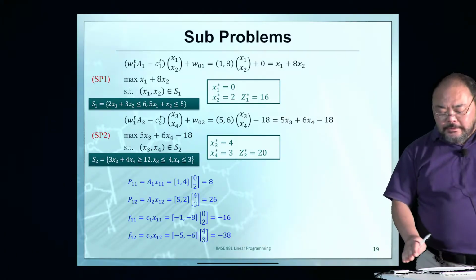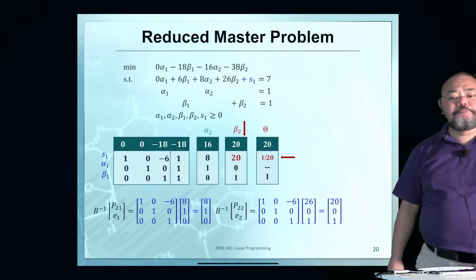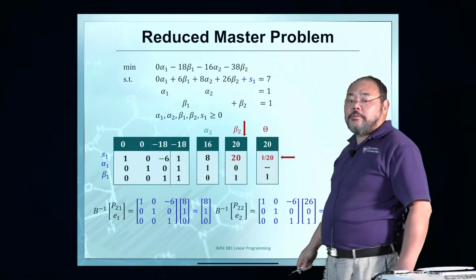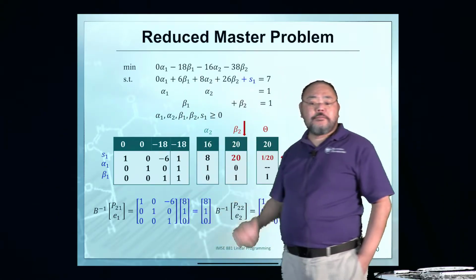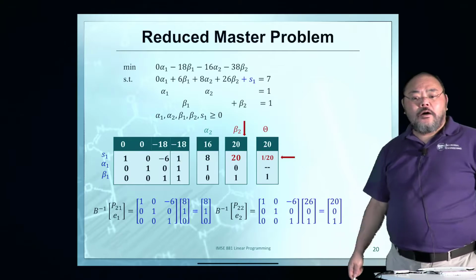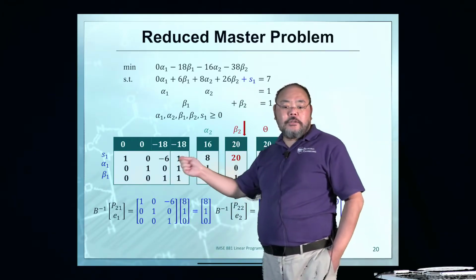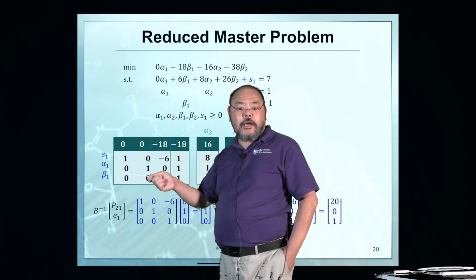Once we recalculate these, we can reform our master problem. Our master problem becomes the form we just calculated. Now you see we're using the revised simplex method. This is our original tableau.